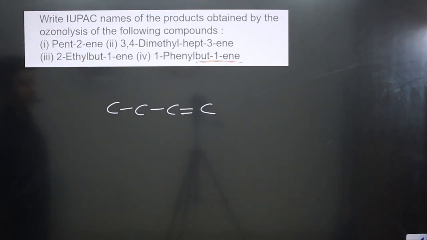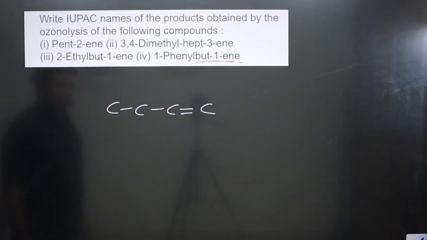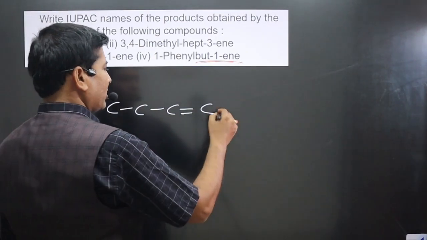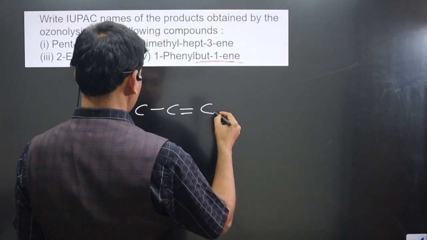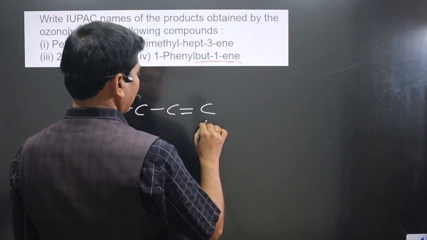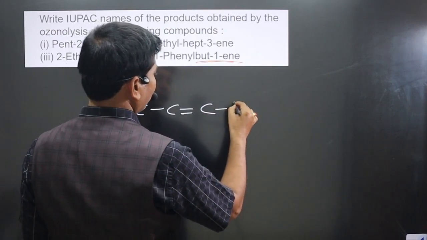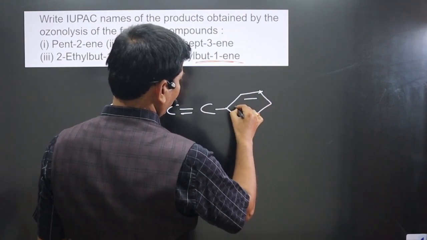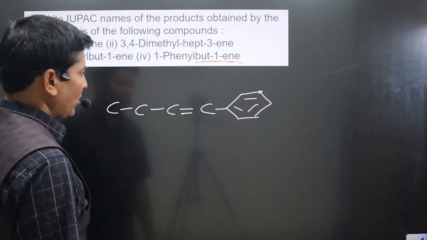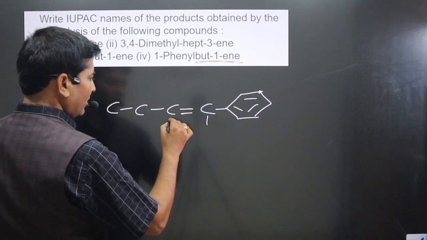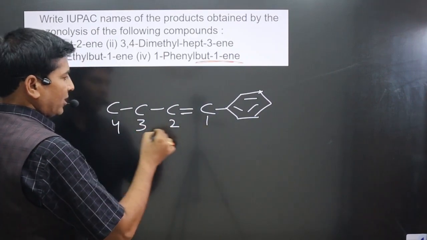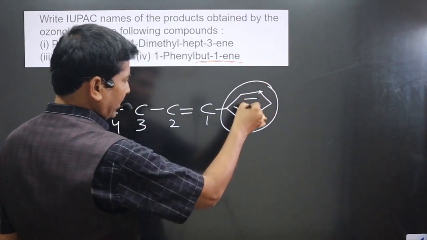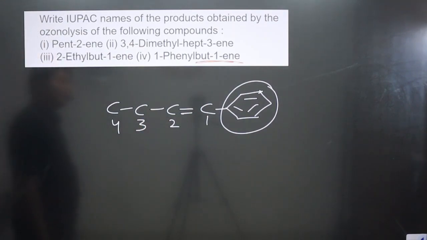To the first carbon it says 1-phenyl is also there, meaning to the first carbon itself we have a phenyl group attached. So we have to do the numbering from here, it is 1, 2, 3 and 4, and this is the branching we have. So 1-phenylbut-1-ene, this is the compound we have.